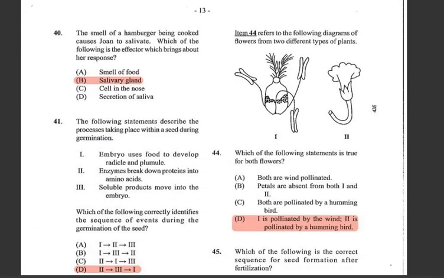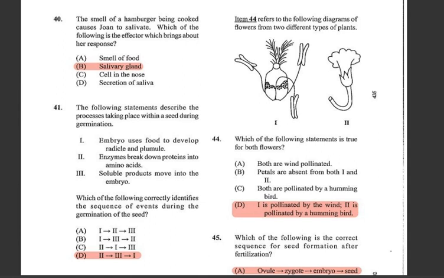Number 40. It says the smell of a hamburger being cooked causes Joan to salivate. Which of the following effectors brings about a response? We look at the first hint, which is salivate.